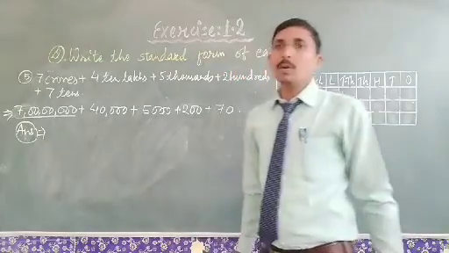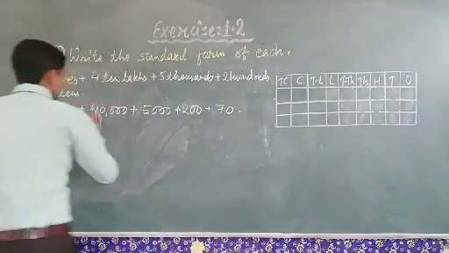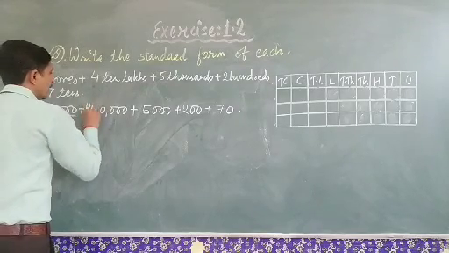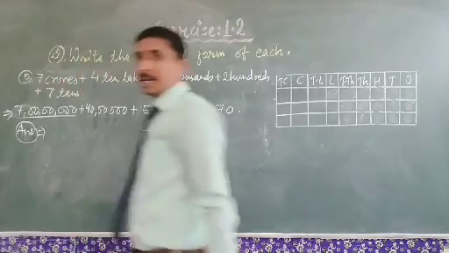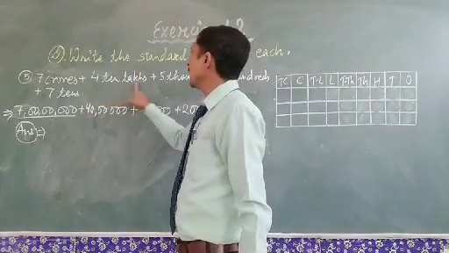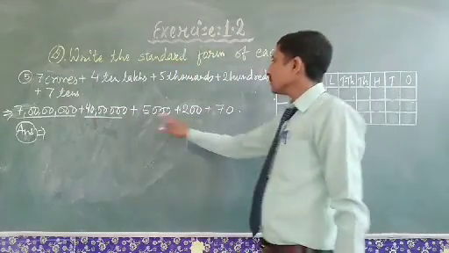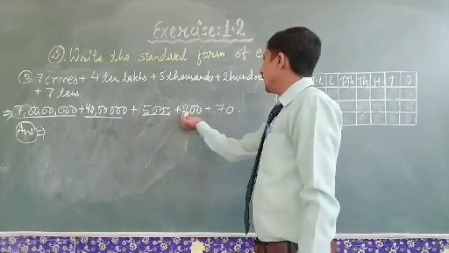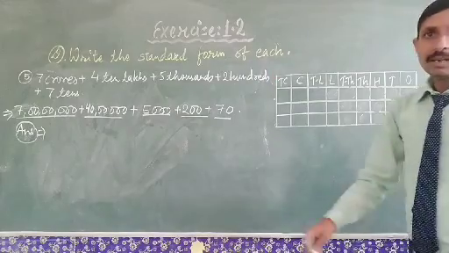After that 4 ten lakh. 4 ten lakh means 40 lakh. After this 5,000, 200 and 7 tens, that is 70.